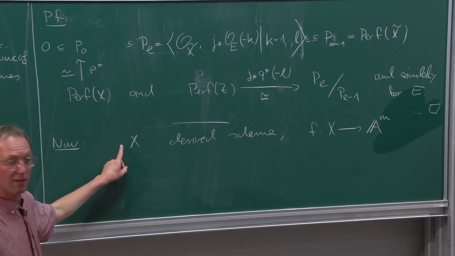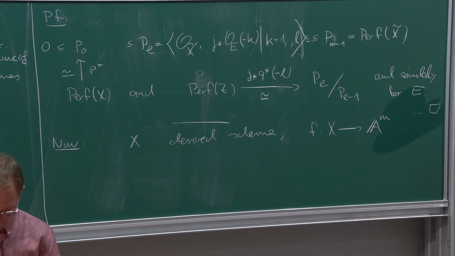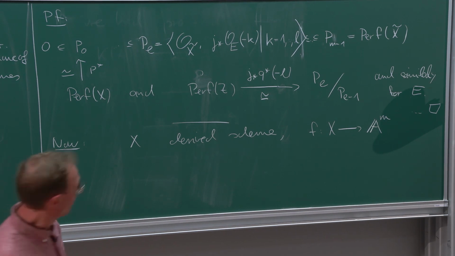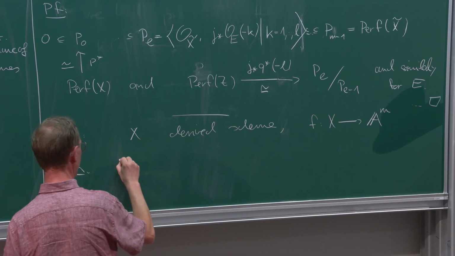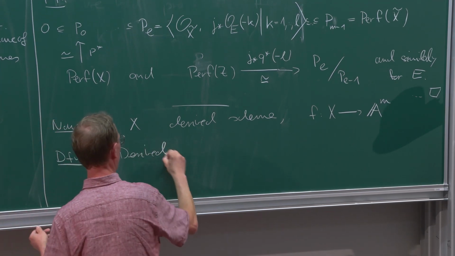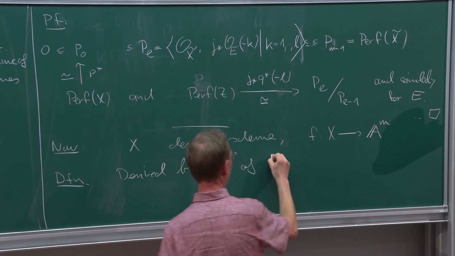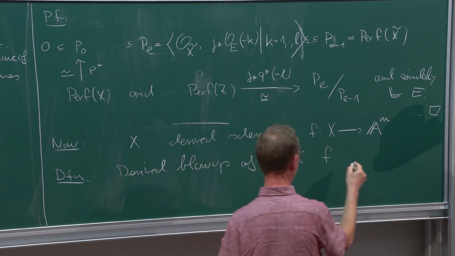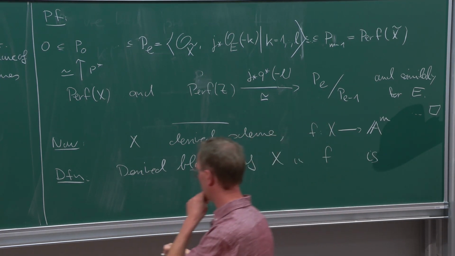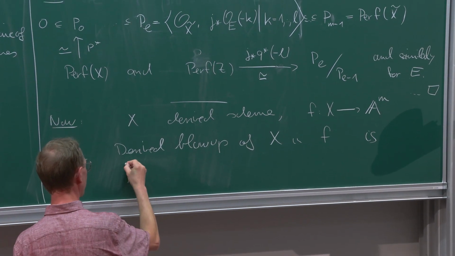Okay, now we have a derived scheme which is equipped with a morphism to A^m, and then we define the derived blow-up. So, definition: the derived blow-up of X in F. Let's denote it by X tilde again.